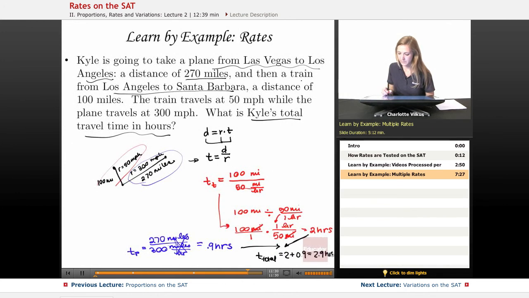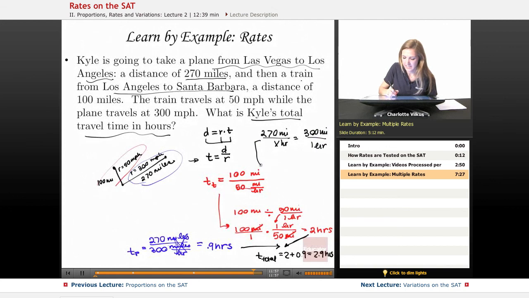This one would have been a little bit more work actually to solve as a proportion, but we could solve each where we're just doing, he goes 270 miles in X hours when he's going at 300 miles per 1 hour.